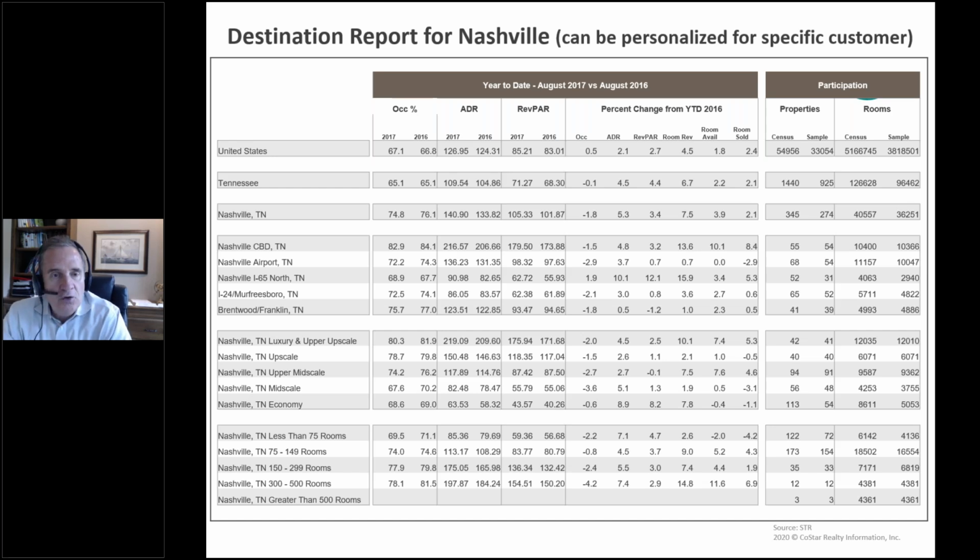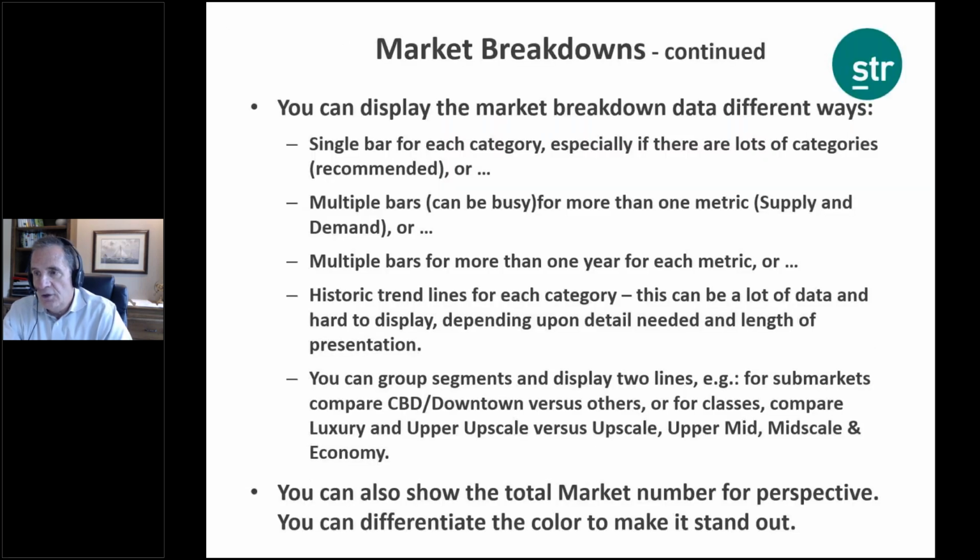That may have all the various segments that you're interested in as well. And here's an example of one. Notice we're looking at US, the state of Tennessee, the market of Nashville, then the various submarkets, then the various scale groups, and then the various size groups. So 3 different cuts of data for Nashville.